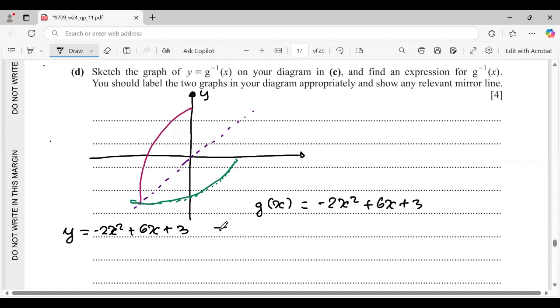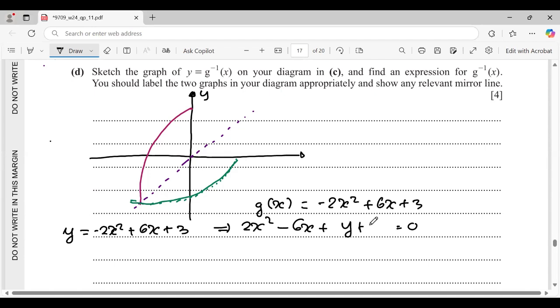After that, it becomes 2x squared minus 6x plus, actually this is plus, y moved to here, so set it equal to 0, or it becomes y plus 3.